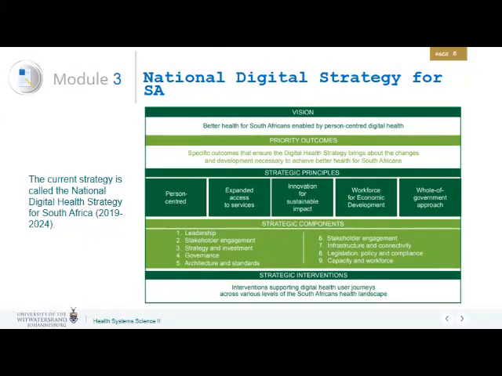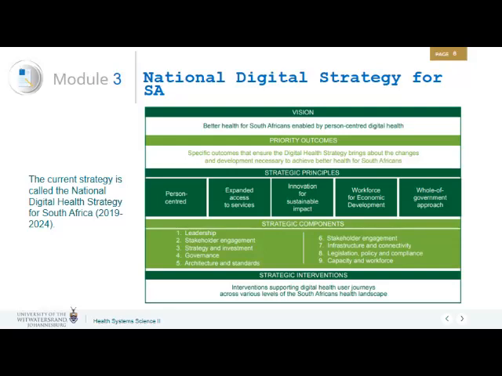Slide 8 is a discussion around the National Digital Strategy for South Africa that followed on from the previous e-health strategy. So we see that there were many implementation challenges with the initial e-health strategy. The plan was, first of all, for individual facilities to have an electronic system so that each facility had computers where patient records could be moved electronically.